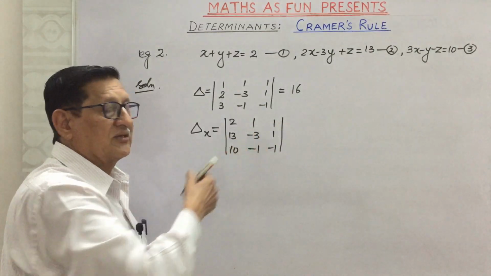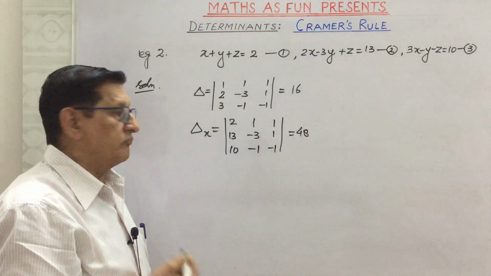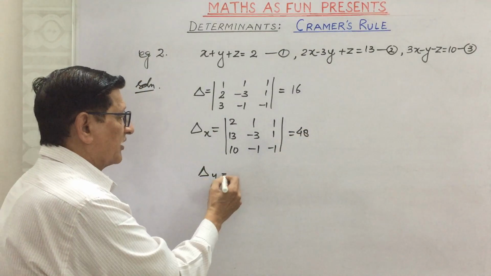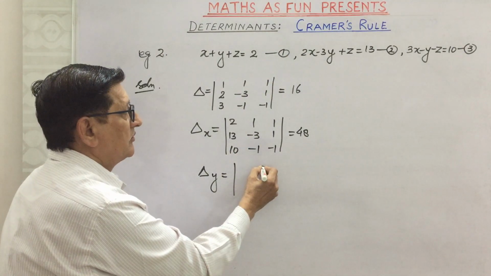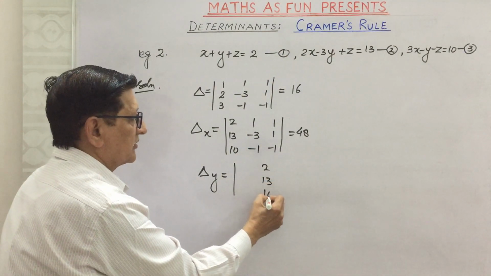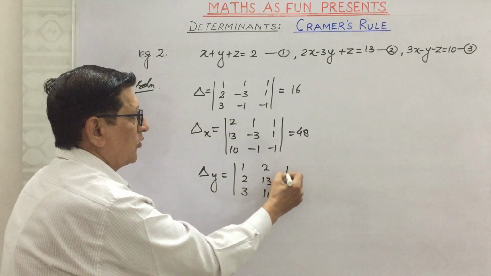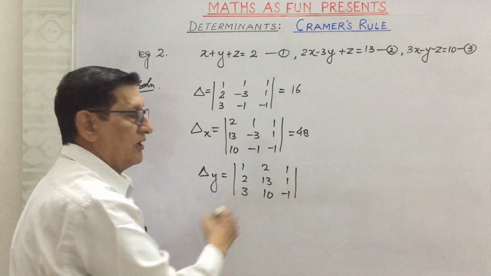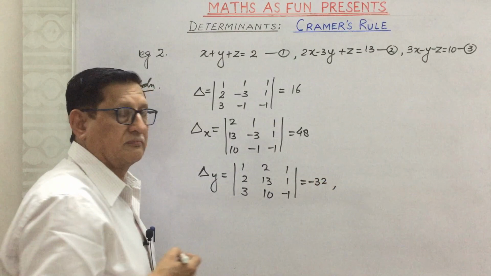And when we calculate the value of this, the value will come as 48. Then delta y, we will replace the second column by the constant terms, that will be 2, 13, 10. The first and third columns will be the same: 1, 2, 3, 1, 1, minus 1. And the value of this will come as minus 32.